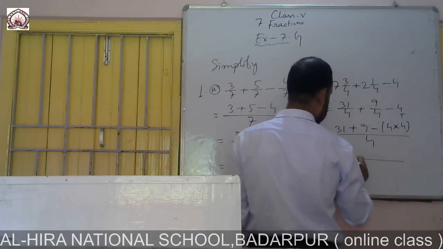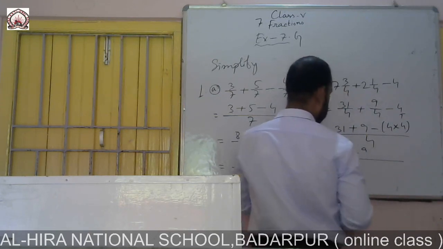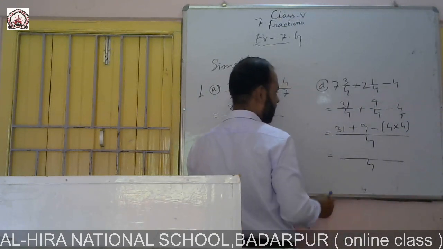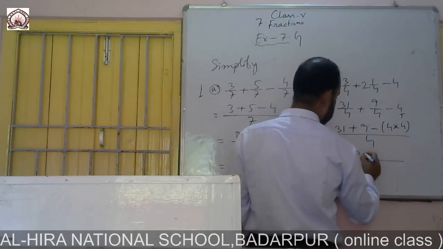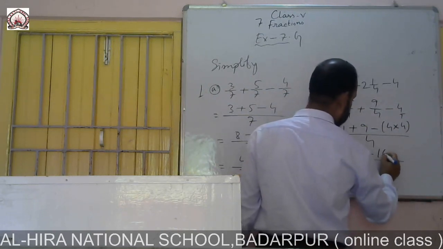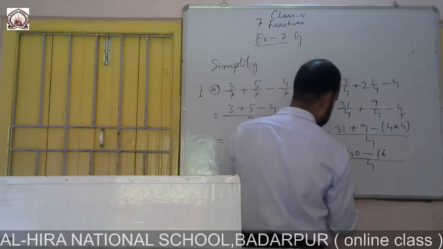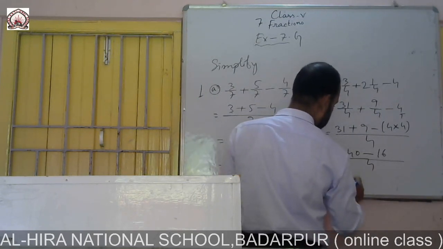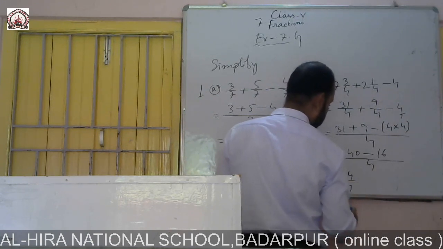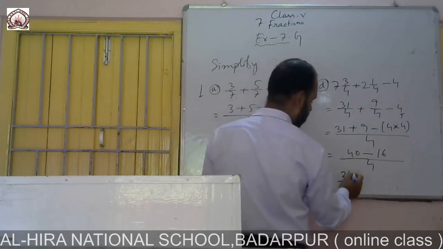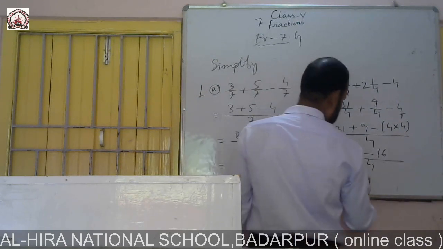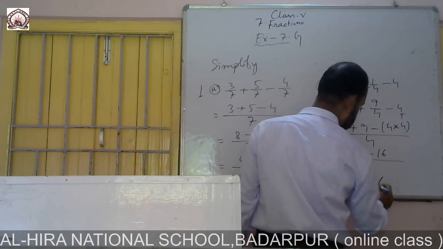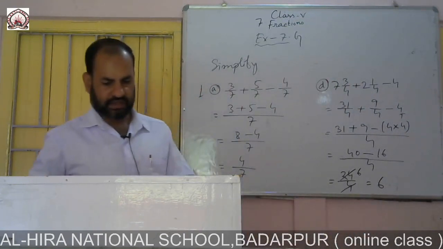So 31 plus 9 is equal to 40. 40 minus 4 fours are 16. 40 minus 16 equal to 24 by 4. We cut by 4. 4 ones are 4, 4 sixes are 24. Answer is 6.